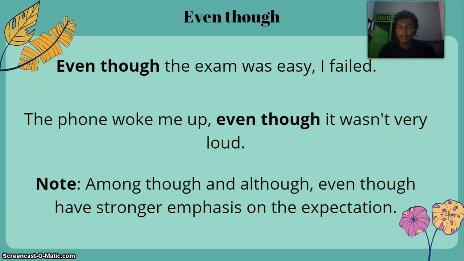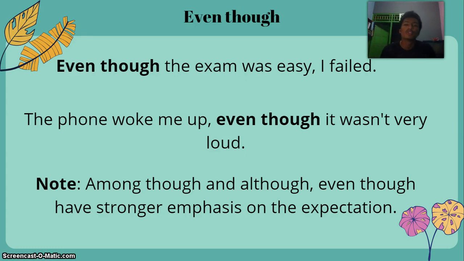So he or she was hoping that the exam would be passed, right? She would pass the exam, but I failed. So even though emphasizes a strong contrast in the sentence. He thought that he would be successful, but then he failed.